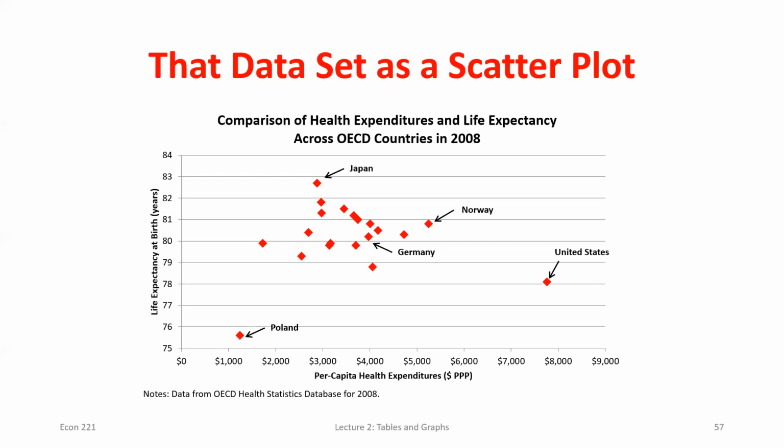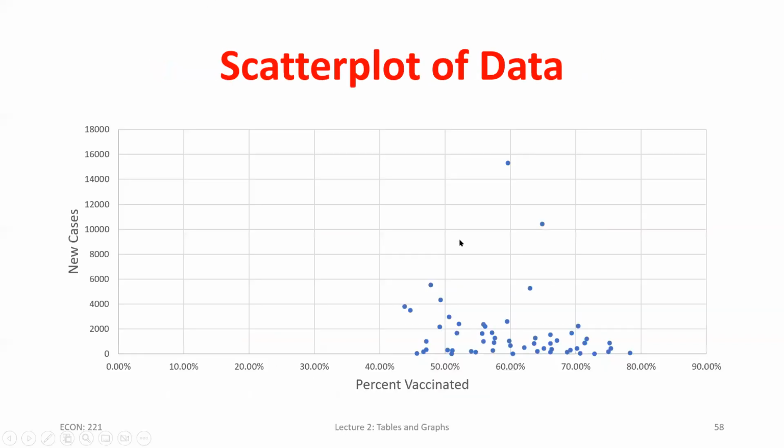So that might be somewhat of a leading indicator that maybe spending more money on healthcare isn't necessarily reflective that they're going to be healthier people, but maybe they're spending more money because they aren't healthy, right? And so maybe that's why we see the United States be down there. So it's an interesting look at the relationship between two variables.